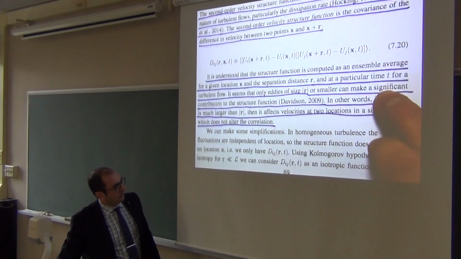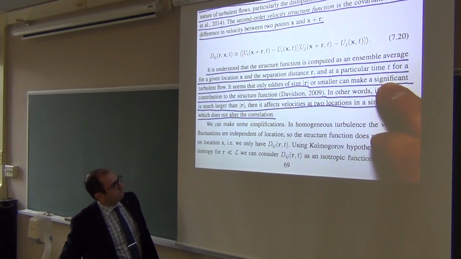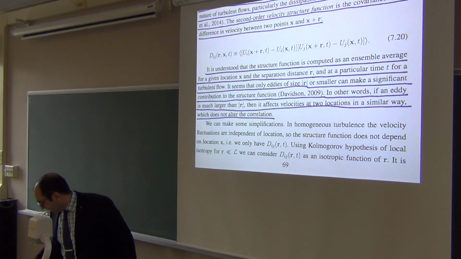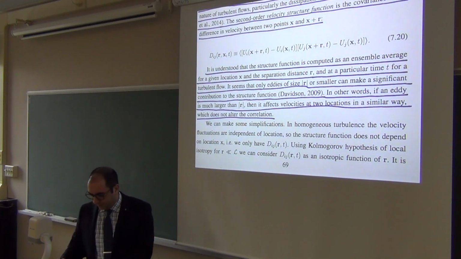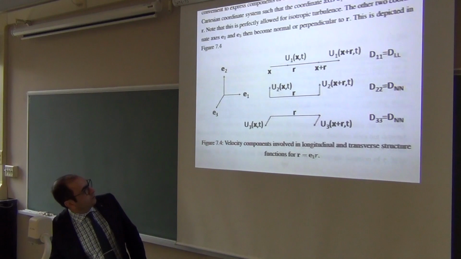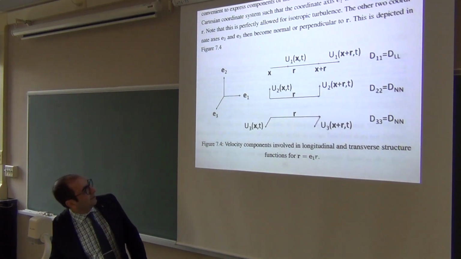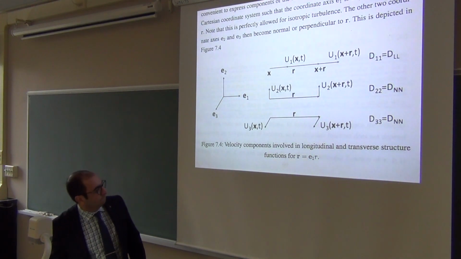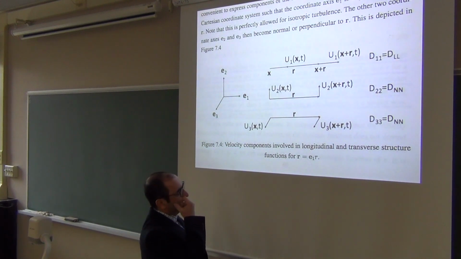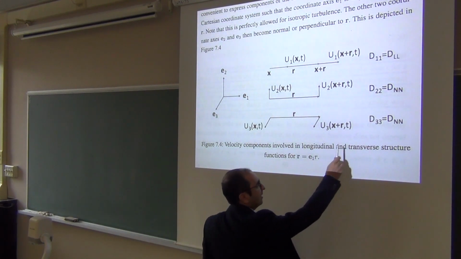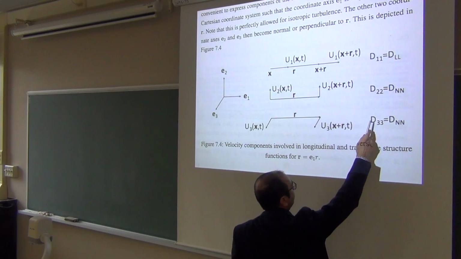And that's extremely important. I can show you a picture for that also. It's going to be very similar to what I showed you for integral length scales or other covariance. So here you have, instead of r, you have d, which is for structure functions.